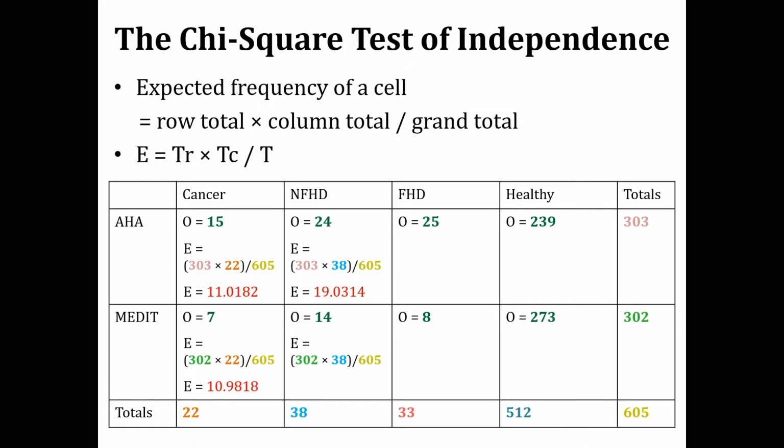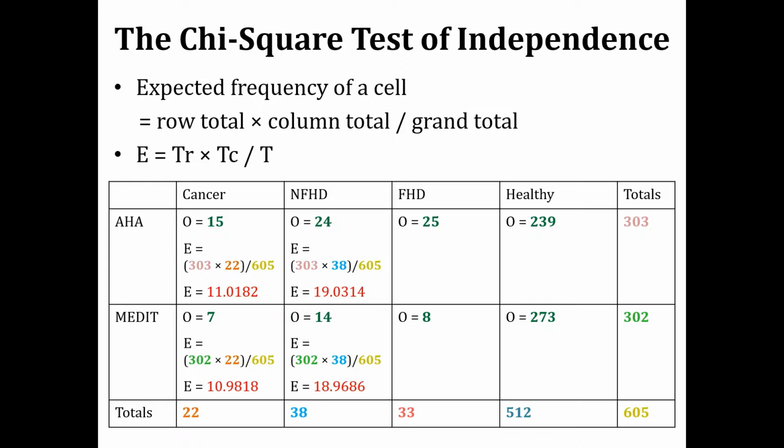The row total is 302 and the column total is 38. They're multiplied and then their product is divided by the grand total, which is 605. So we have the expected frequency 18.9686.